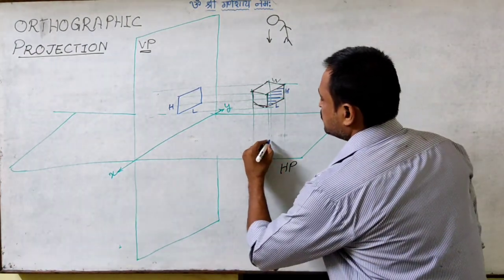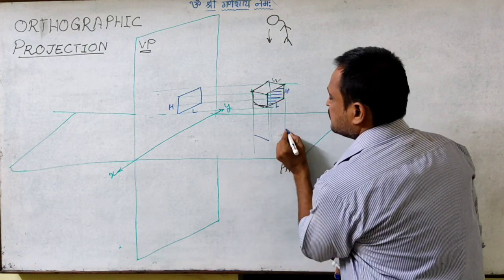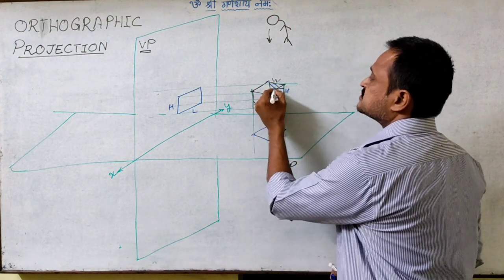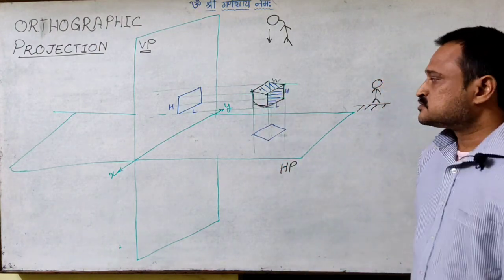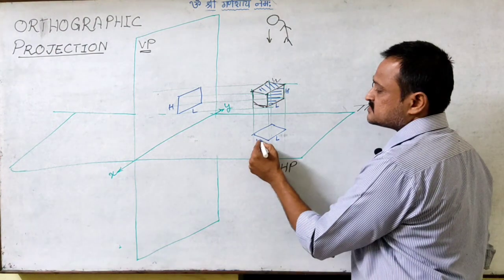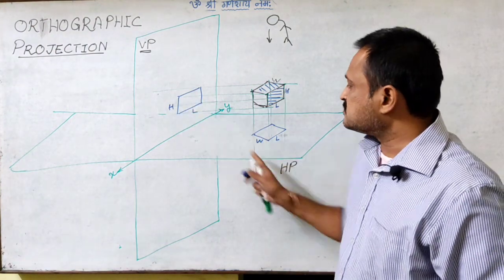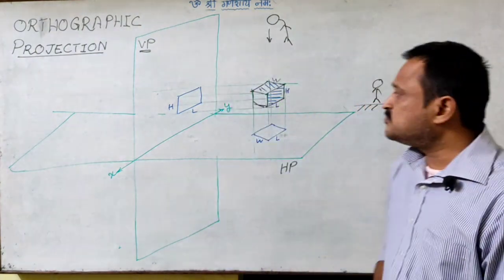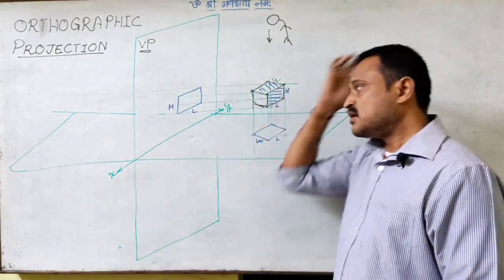So in the top view, we will get the image of this surface. Now we will be able to see this length as well as the width. So these two views together are giving me complete geometric details of the object.